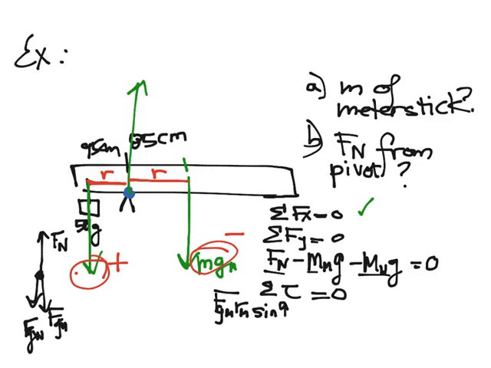But that's negative, plus Fg mass times R mass sine 90, or I'm calling this W for the weight, sorry, equals 0. Okay, then I can solve for the mass. I can put the masses that I know in, I can solve for each mass, and then I can solve for Fn.